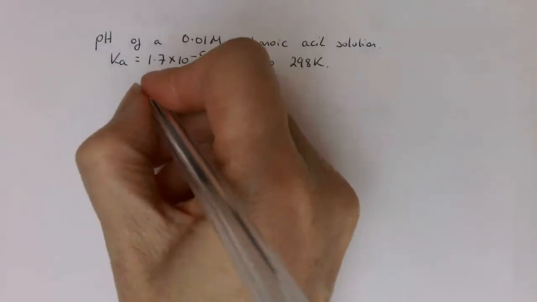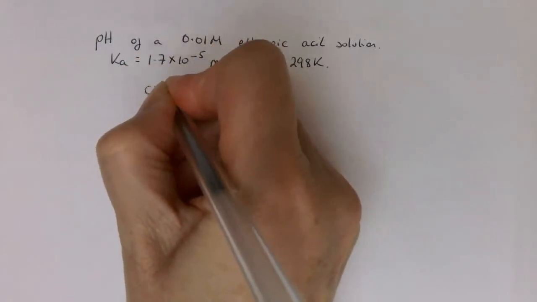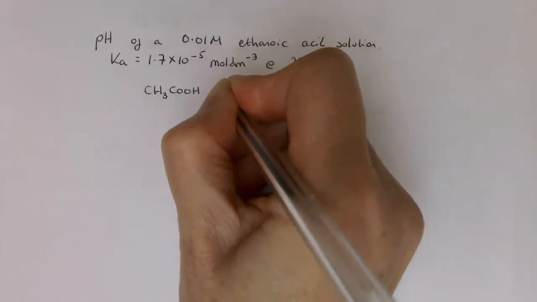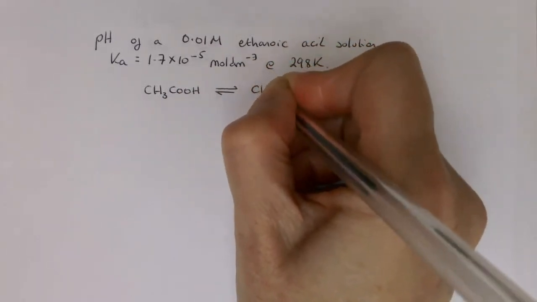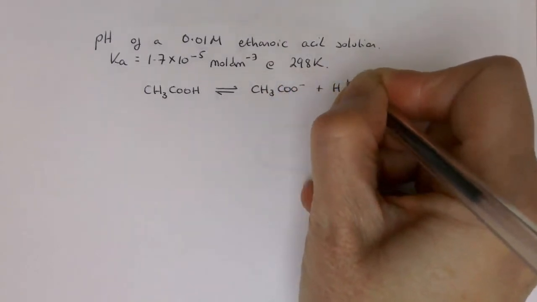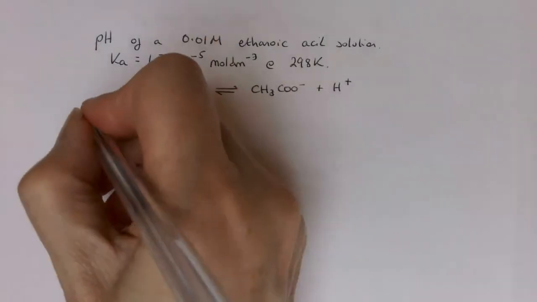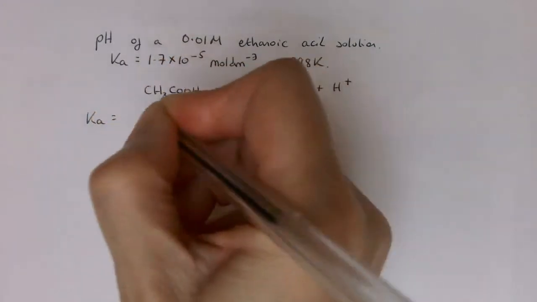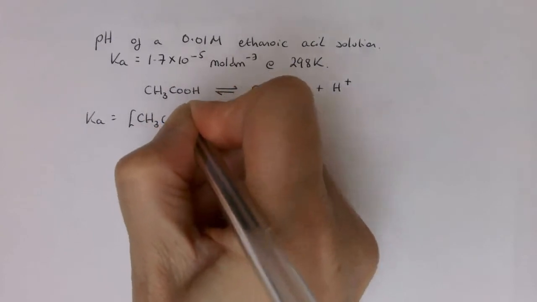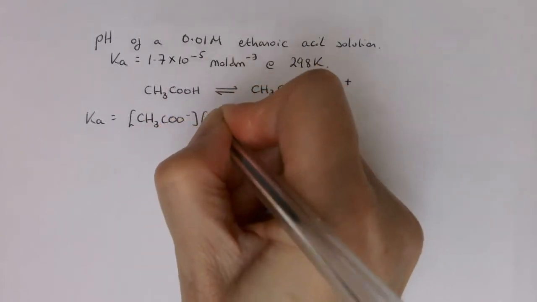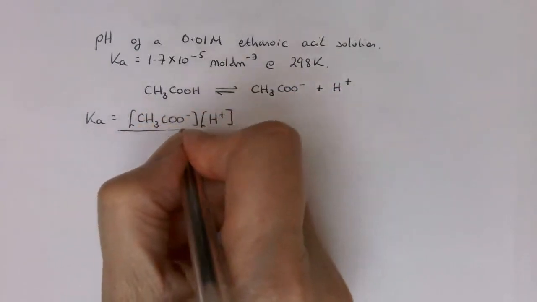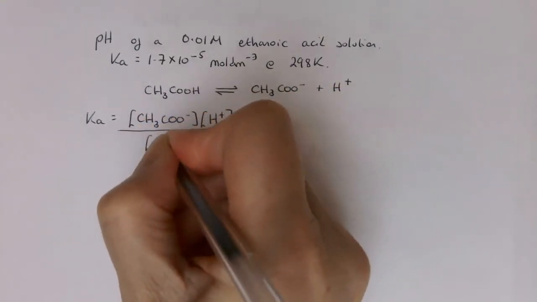So the first thing I'm going to do is the dissociation reaction for ethanoic acid, which dissociates, remember this is reversible, into CH3COO negative and H positive. So the Ka expression for this is equal to the concentration of the salt times the hydrogen ion concentration, remember, this is what we want to find out because we're trying to find pH, divided by the concentration of the acid.